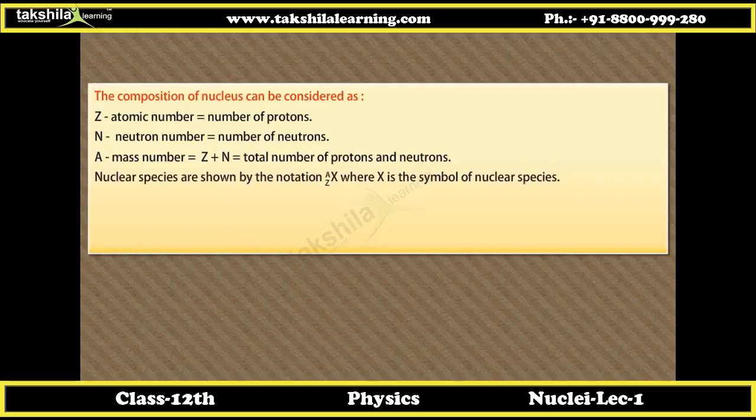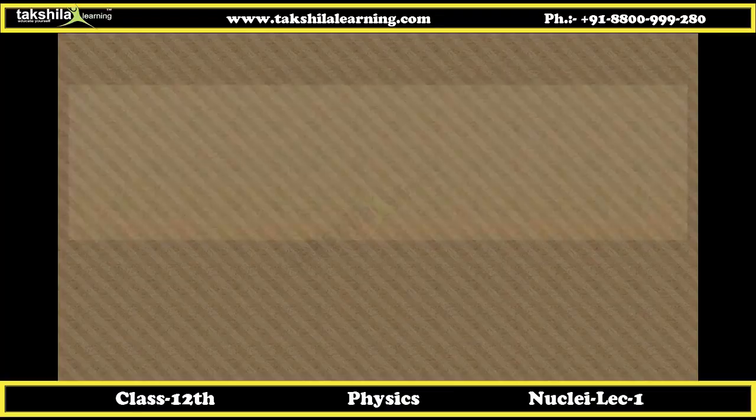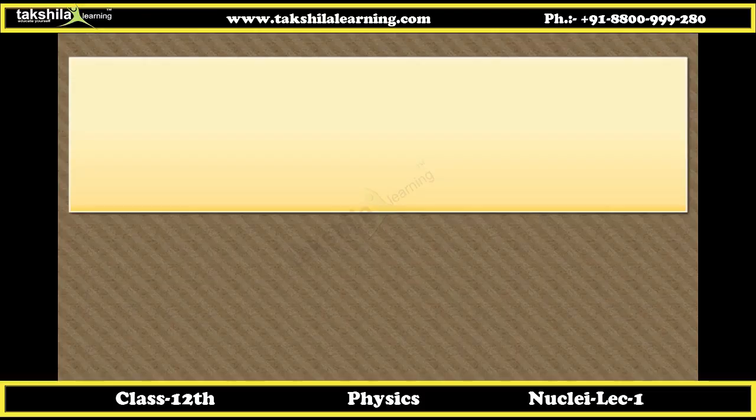Nuclear species are shown by the notation, where X is the symbol of nuclear species. The atoms of an element having same atomic number, that is Z, but different mass numbers are called isotopes. For example, isotopes of hydrogen.